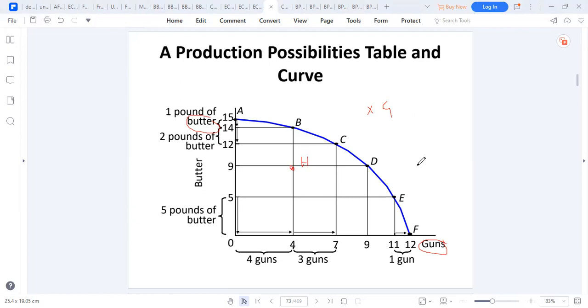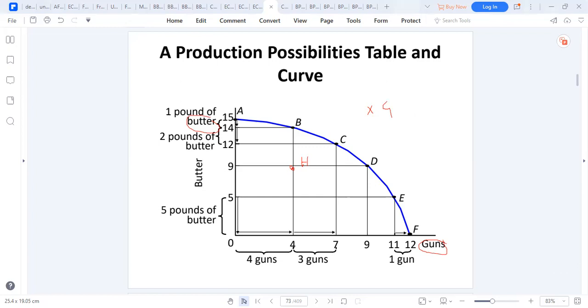Producing at point H implies that we are being inefficient in our resource allocation, and point G is unattainable. It means we cannot achieve this kind of production, so we need to increase our technological base to attain this point.